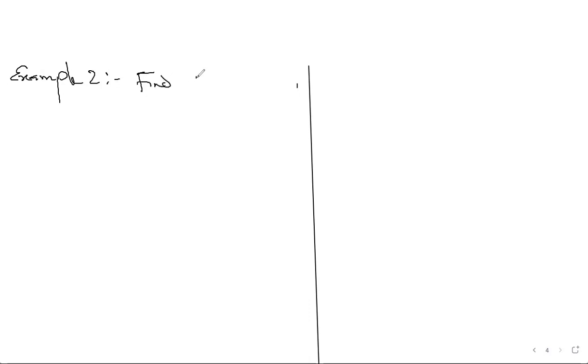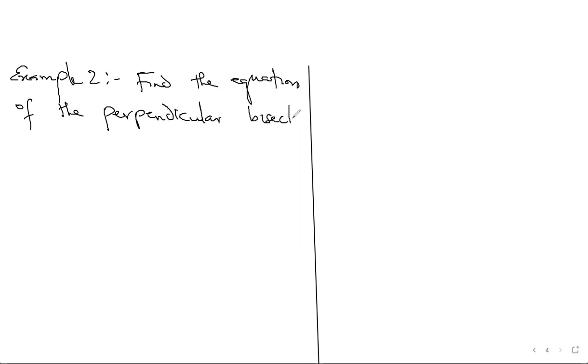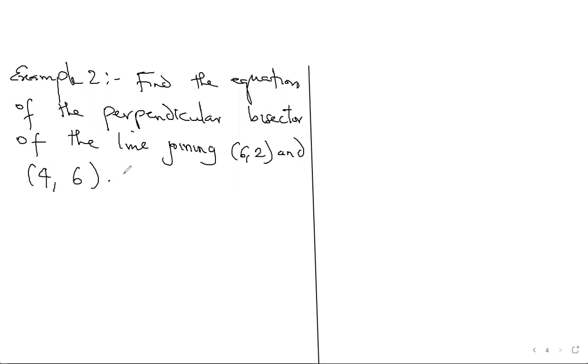Find the equation of the perpendicular bisector of the line joining 6,2 and 4,6. So that's the question.